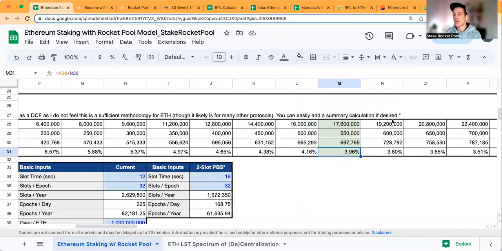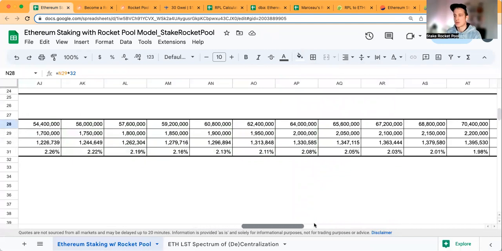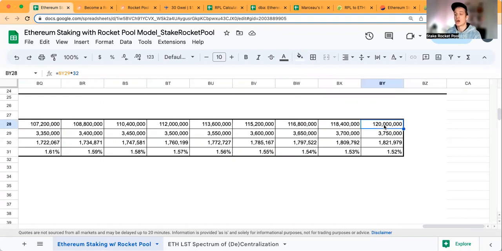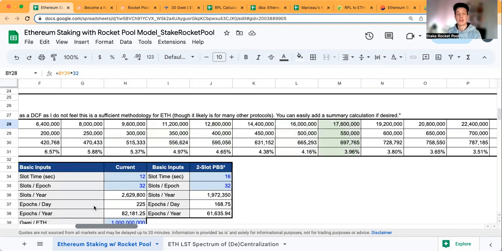And it will continue to go down as more Ethereum is staked. And you can see that in this model as we go all the way over to see what it would be like if 120 million of Ethereum were staked. And that would be closer to the total circulating supply, which isn't very likely.